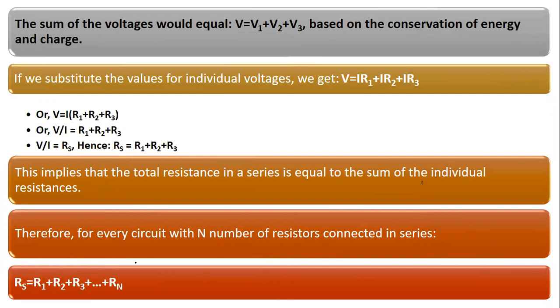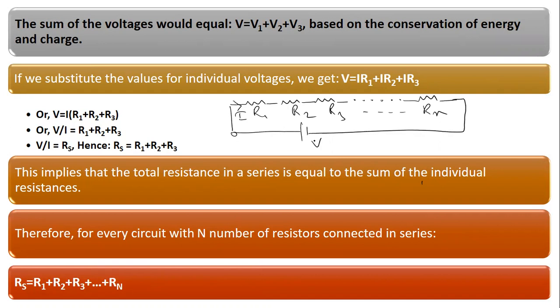So if there are n resistances connected in series, R1, R2, R3 up to Rn, with current I and voltage V, then across the two terminals A and B, the total resistance R is equal to R1 plus R2 plus up to Rn, right?